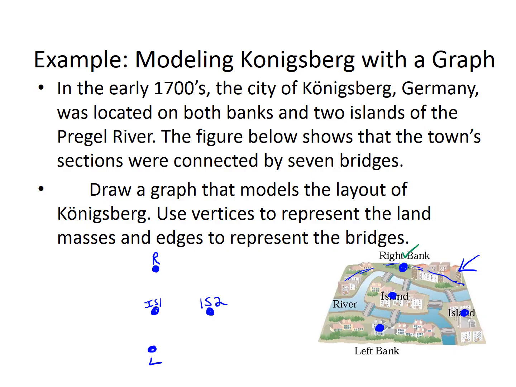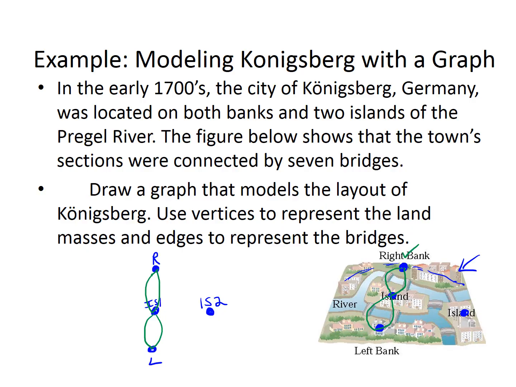From the right bank, there's actually 2 bridges down to the island. So when I draw it over here, again, I'm drawing a graph of this. There's 2 paths to the island, and from the island to the left bank, there's also 2 ways to get there. So I'm going to put 2 edges over here.